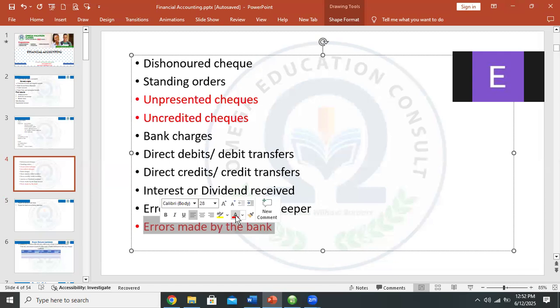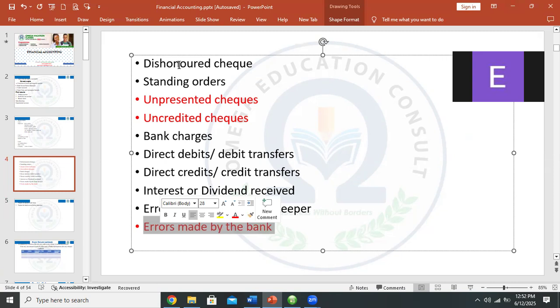Now, the remaining causes, i.e. dishonored check, standing order, bank charges, credit transfers, debit transfers, or interest received or dividend received, and errors made by the bookkeeper, these are adjusted in the cash book.